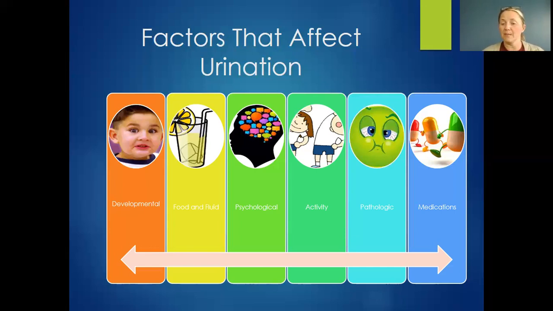Medications that can impact your urination. Anticoagulants could cause blood in the urine. Diuretics can cause the urine to be less concentrated because it's trying to pull fluid out in the glomeruli and decrease the reabsorption of water back into the blood system.